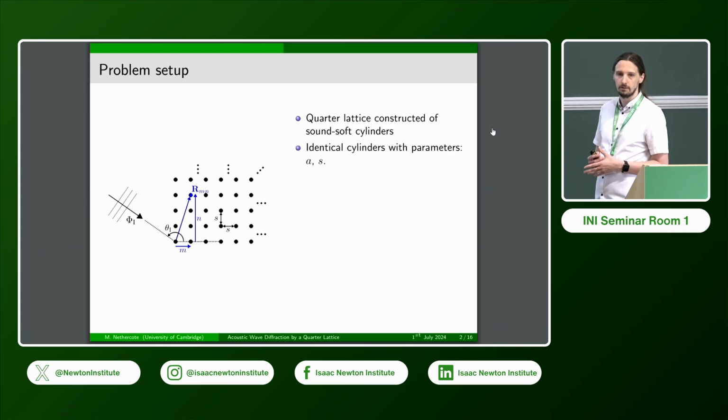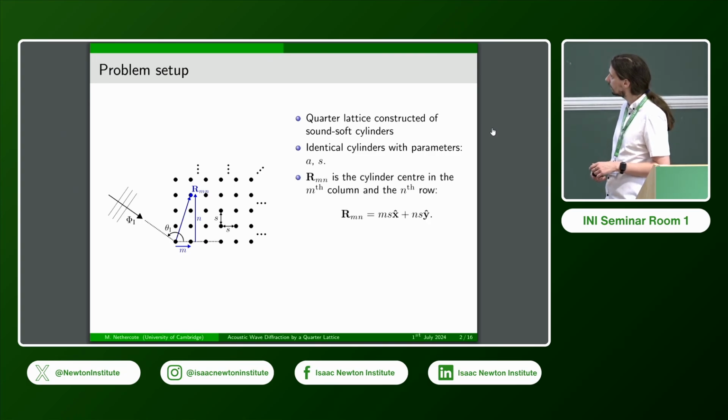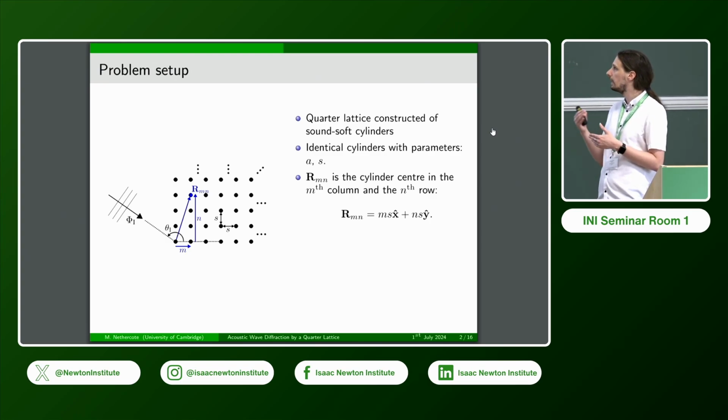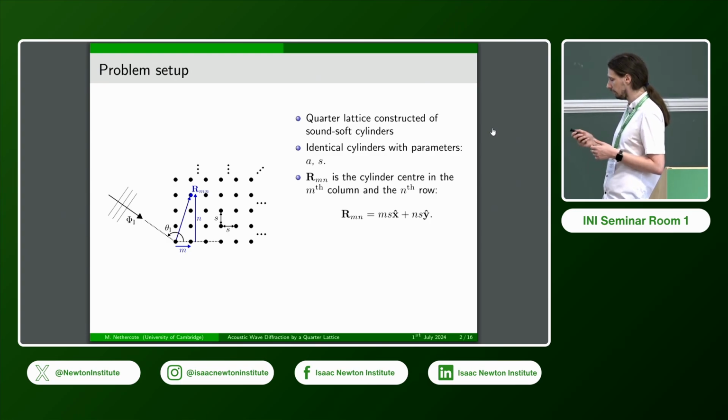Each of the scatterers is identical, so they're going to be cylinders of a radius given by A, and like I said before, they're equally spaced with a spacing given by S. We use this vector Rmn to describe the location of the center of the scatterer in the mth column and the nth row.